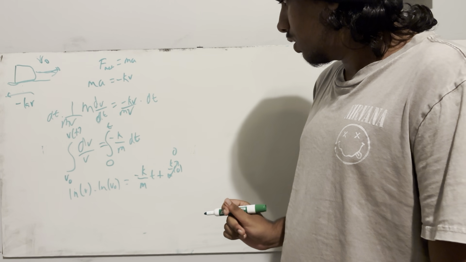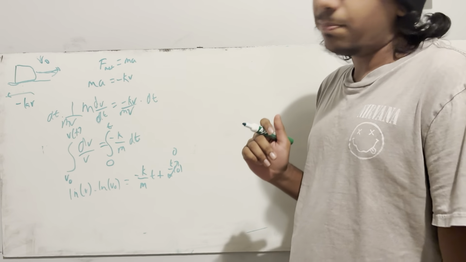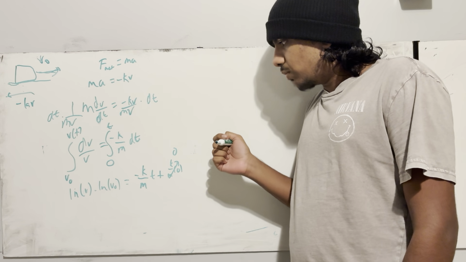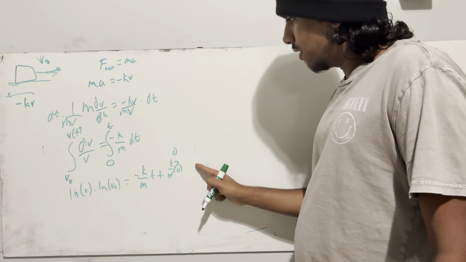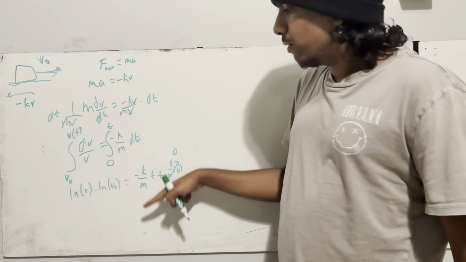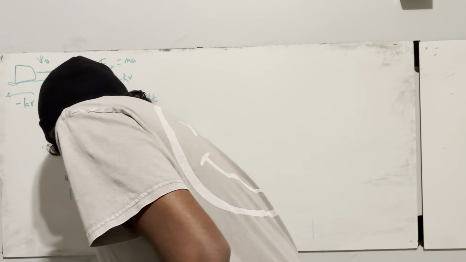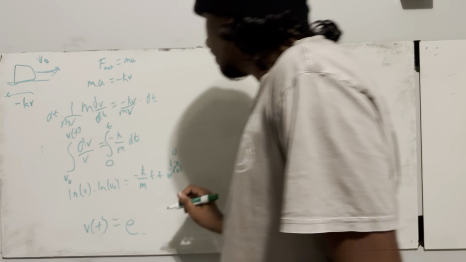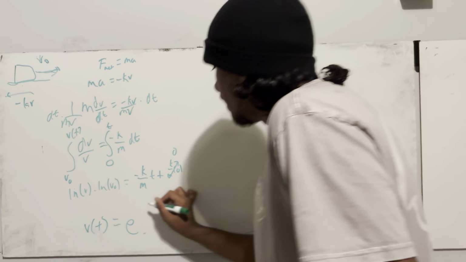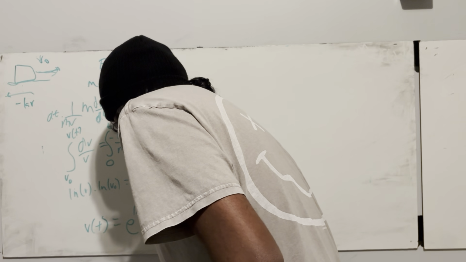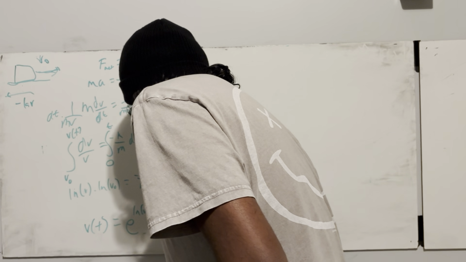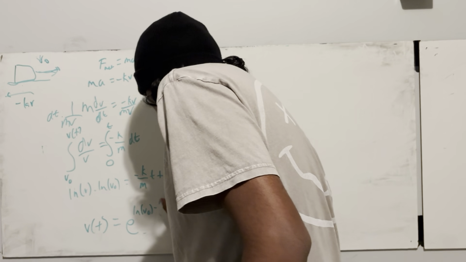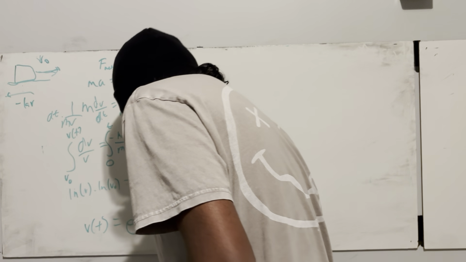So now we got the third step. The second step is done. The third step is solve for v. What we can do is add this on this side and then exponentiate both sides. So we'd get v of t equals e to the ln of v naught, minus k over m times t.